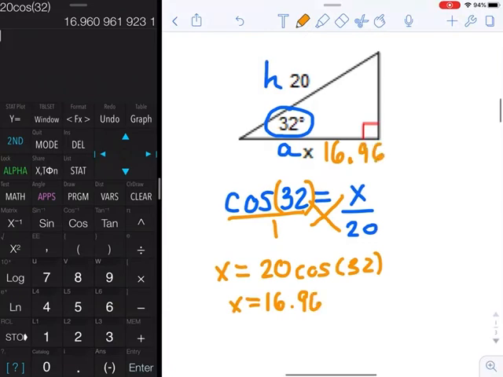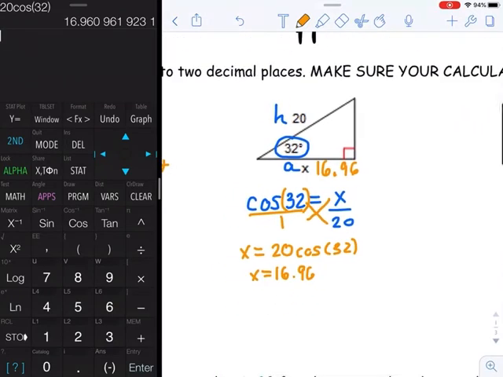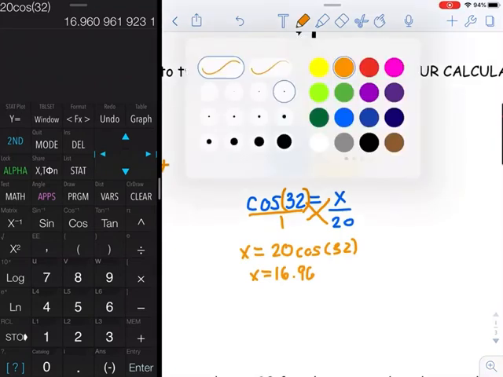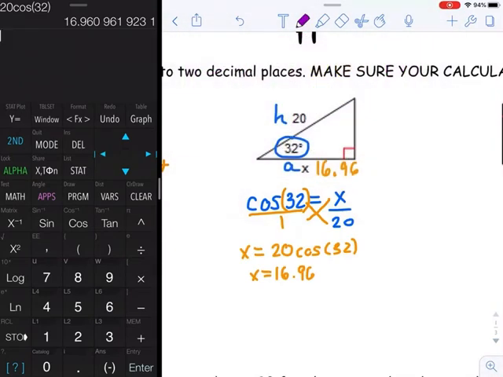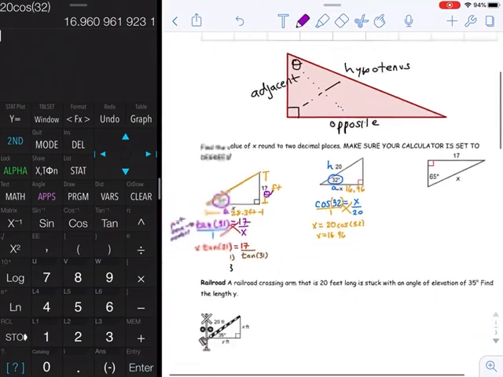We'll do another decimal. Very close to 17. And that's it. That's the punchline. So, given a right triangle, if you know the hypotenuse and the angle measure, you can find the adjacent side using cosine. And trig only works for right triangles, this kind of trig.